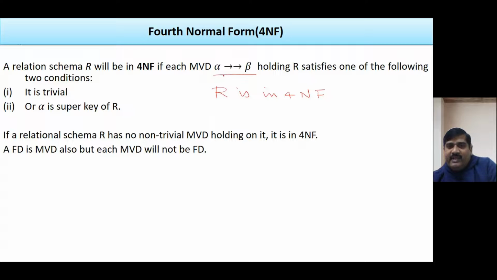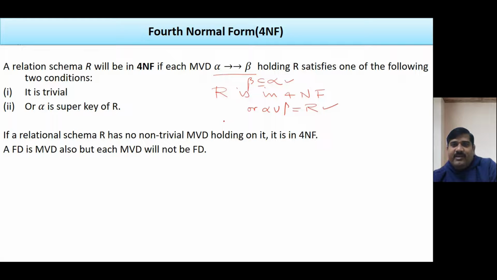Now, when will we say that a multi-value dependency is trivial? If alpha multi-value determines beta and beta is a subset of or equal to alpha, or alpha union beta equals R. If these two conditions are satisfied, then we say that the multi-value dependency is trivial.